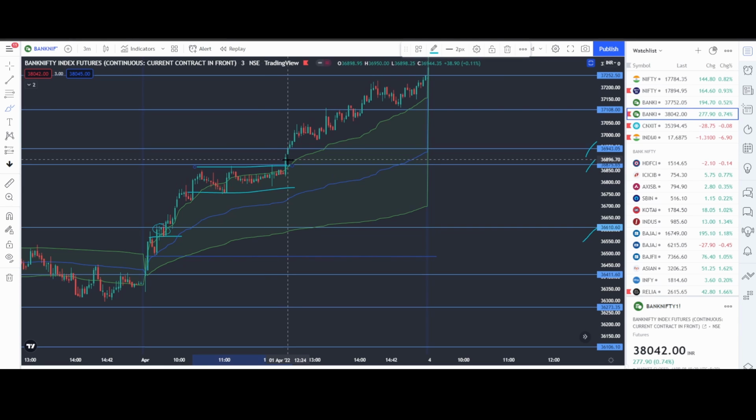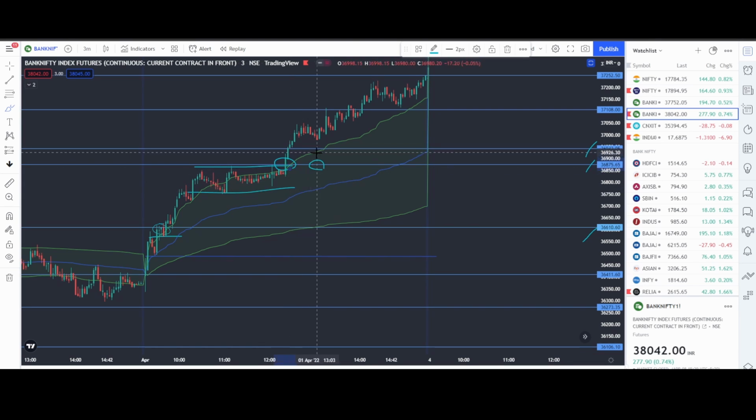Once it breached my pivot point, the only trade I would have taken was for the upside, not for the downside, because I wouldn't have considered it a good trade, as there was no important pivot point on the downside immediately. For me, the only setup available was that the market breaches on the upper side and makes a good run. So this is the importance of pivot lines in zone trading and a directional move.